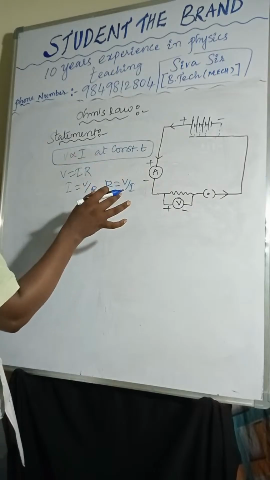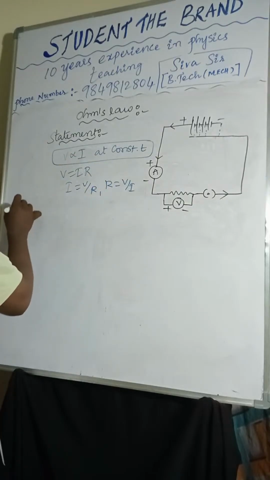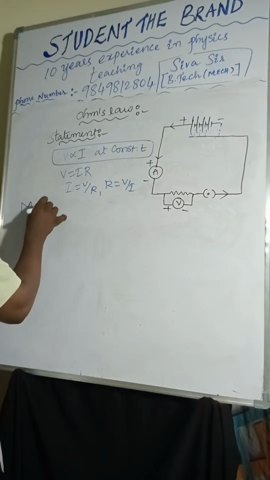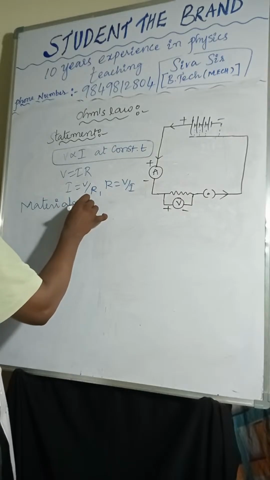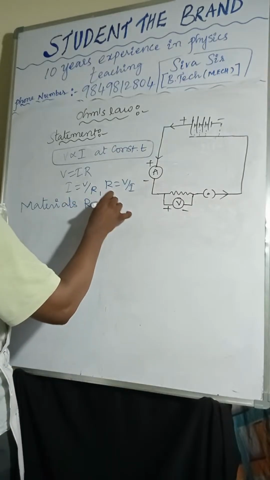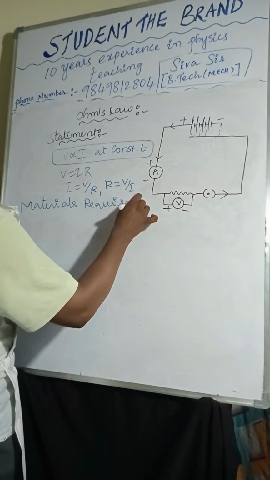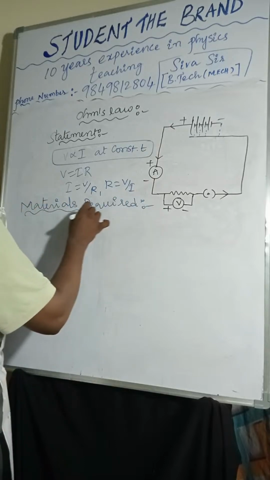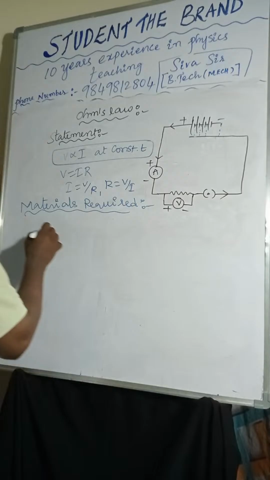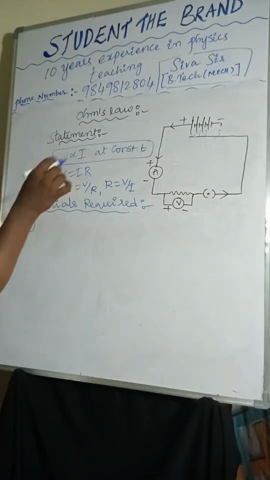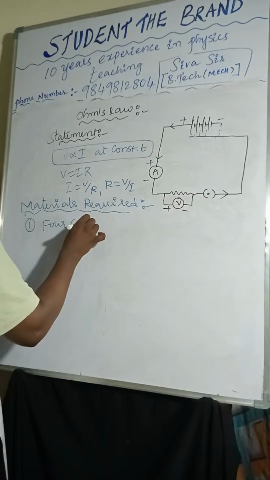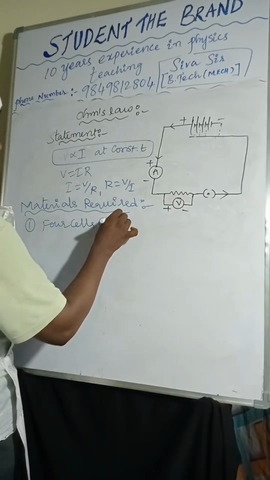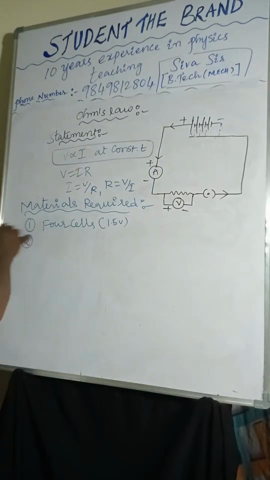This is a statement. Now, what are the materials required? First one is 4 cells of 1.5 volts each.